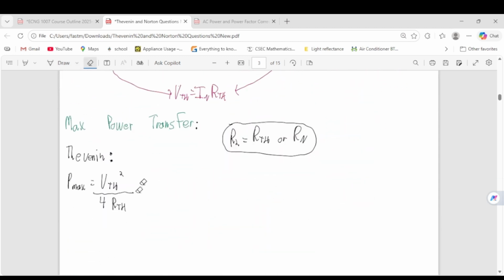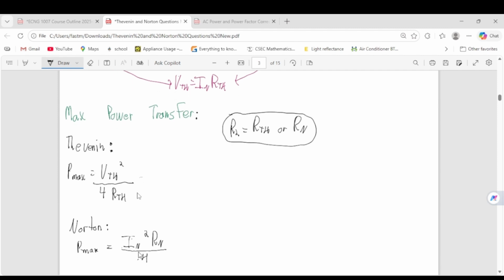And then for the Norton, Pmax would basically be your Norton current squared times Rn divided by 4. Yeah. So in both cases, you'll have the values for both of them already, so you don't have to worry about pulling stuff out. You have the values for both of them off the bat.